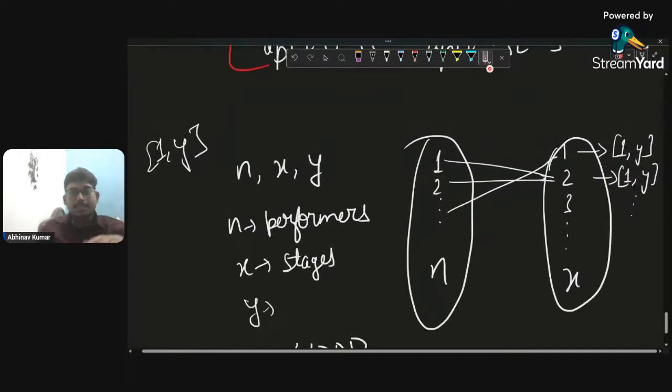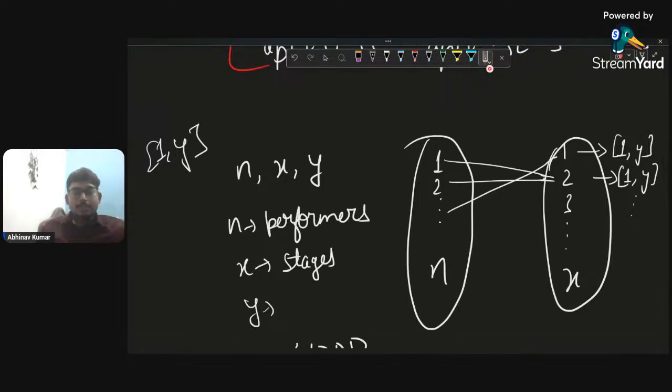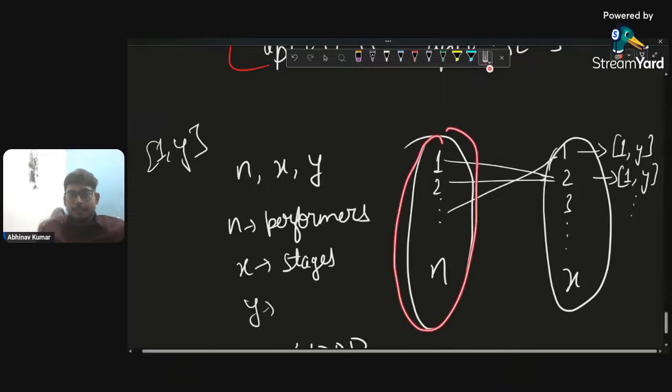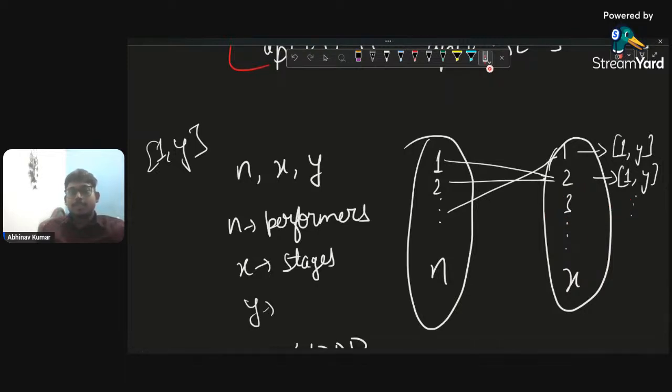Now let's try to calculate how we can do this. By the definition of different, you understood, for an event there are two things basically. First of all, every person would be assigned some stage. Then after they are assigned, there can be some stage which doesn't get any performers.